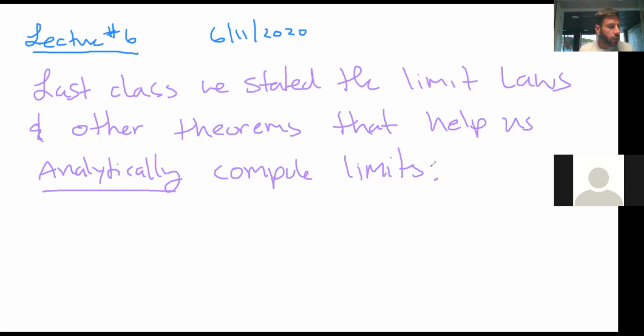So let's jump basically right into some examples, and then we'll move on to some of the other things. Computing limits analytically can be thought of as a game.